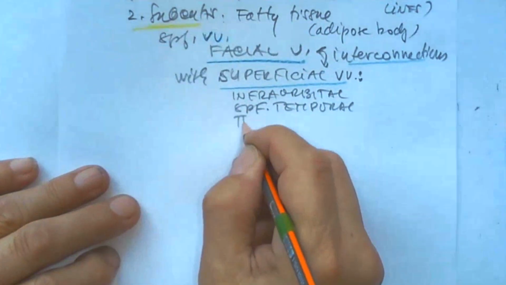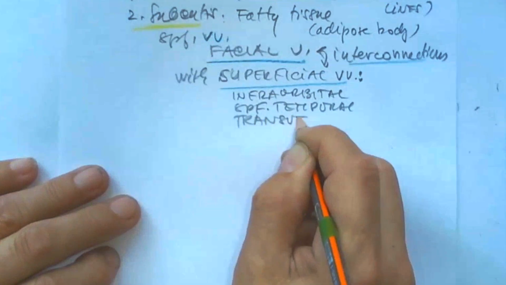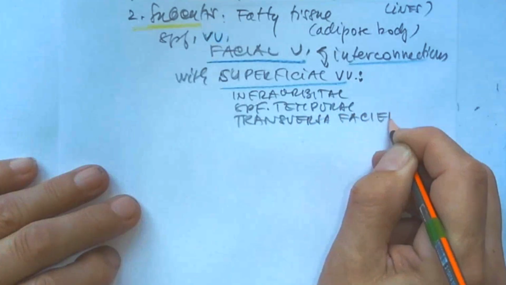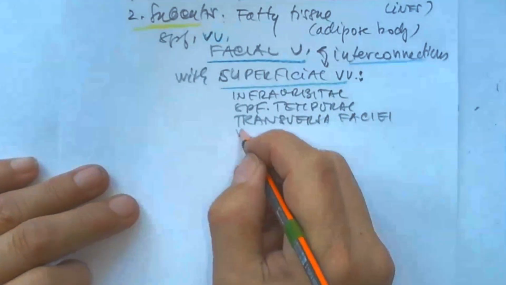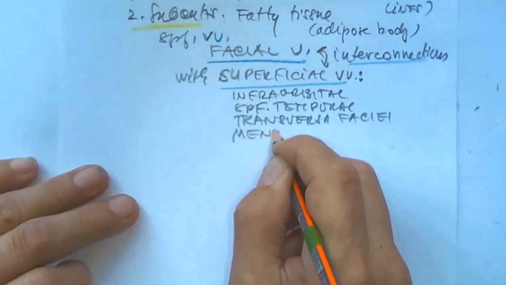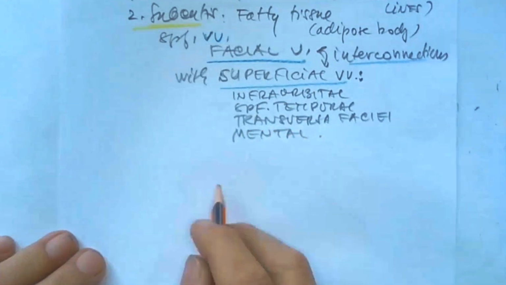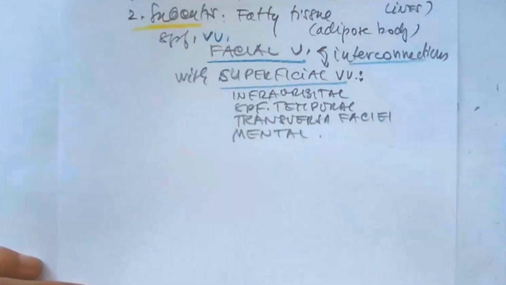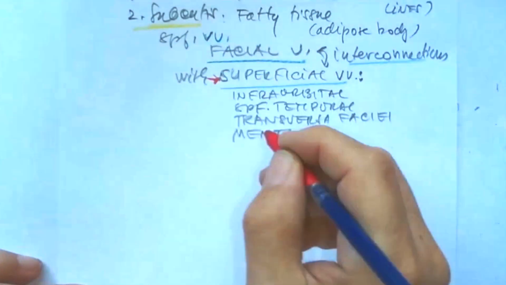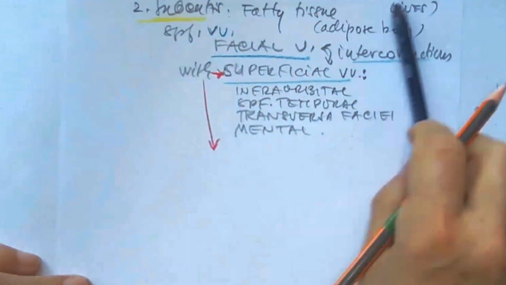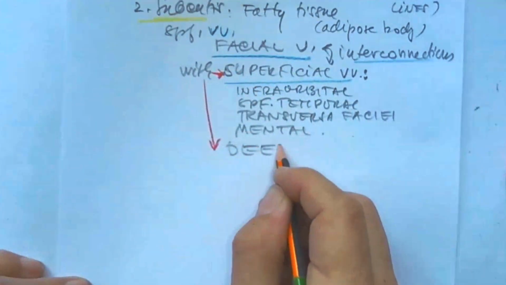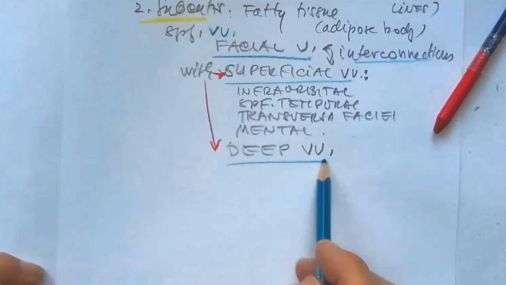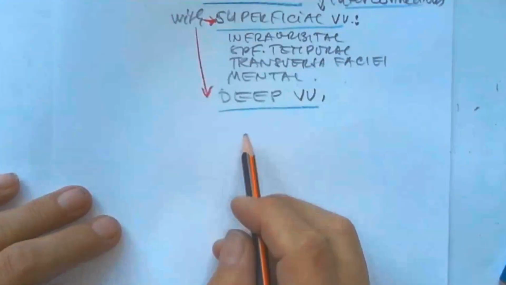The transversa faciae, we will see all of them in the diagrams. Mental vein, the others, with superficial veins and also with the deep veins, because deep veins or plexuses are extremely important, again, because they are routes of infection.